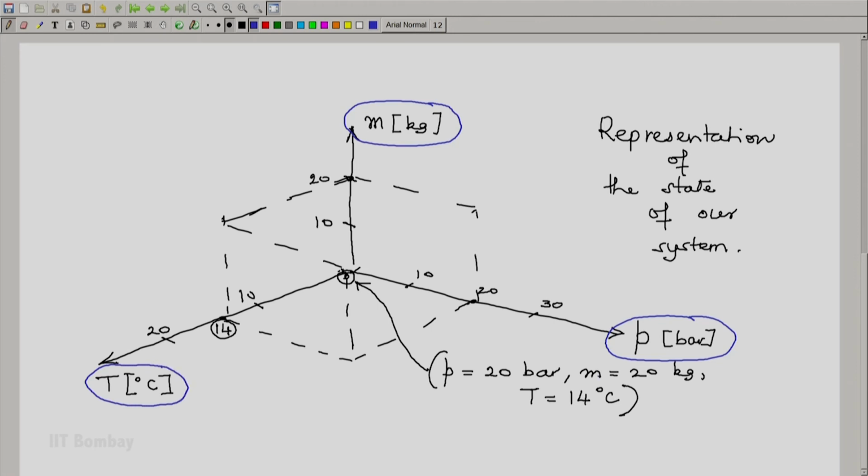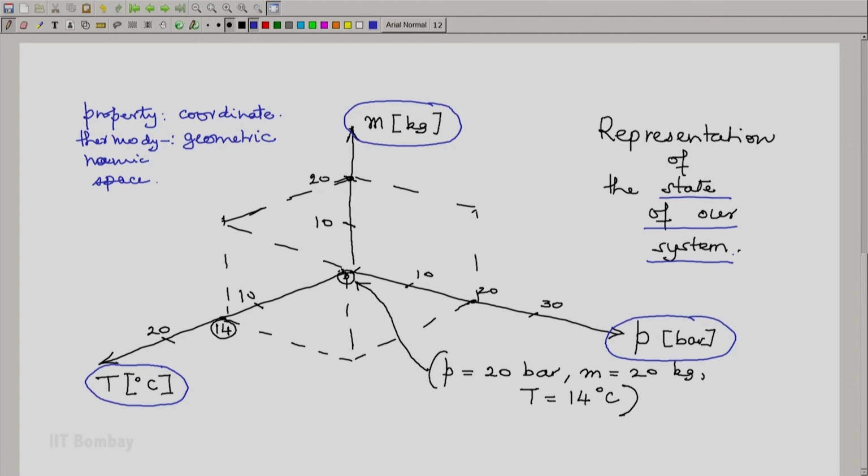So each coordinate represents a property. So the first thing we should realize is each property is represented by a coordinate. Then the geometric space will represent the thermodynamic space, and what is represented is the state of our system. So one should remember and appreciate the analogy between the geometric space and the thermodynamic space.